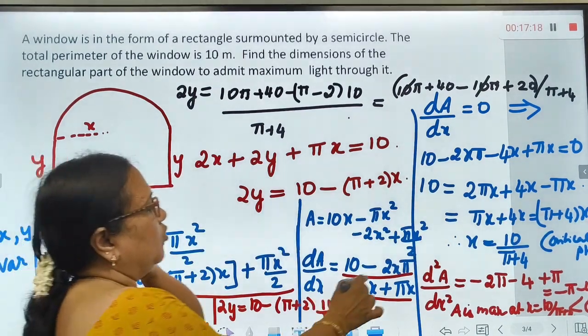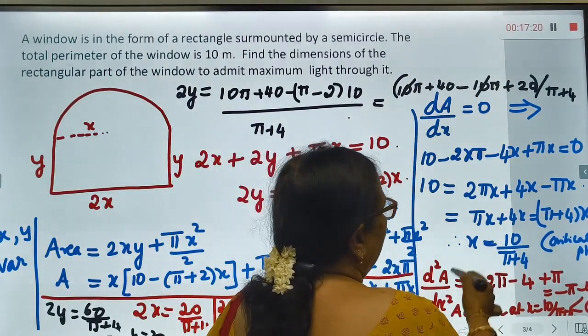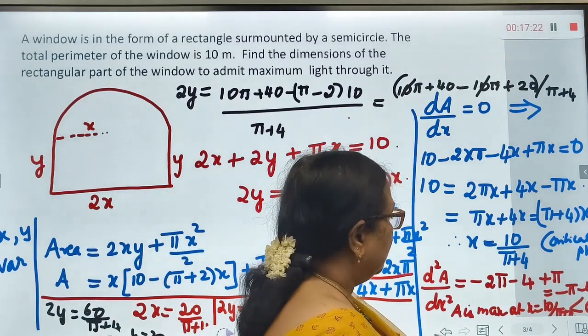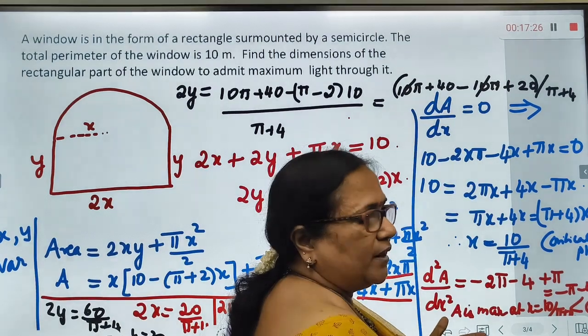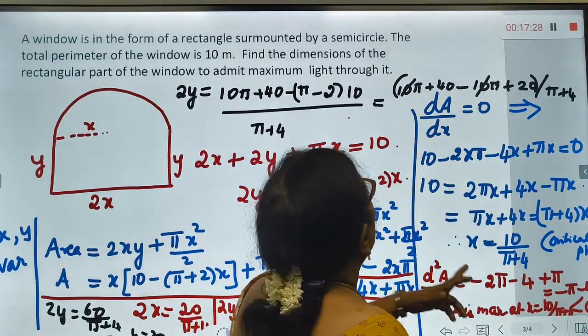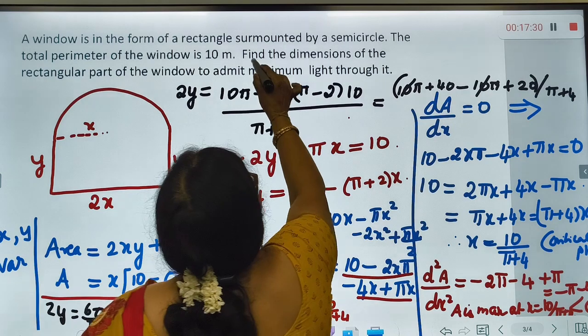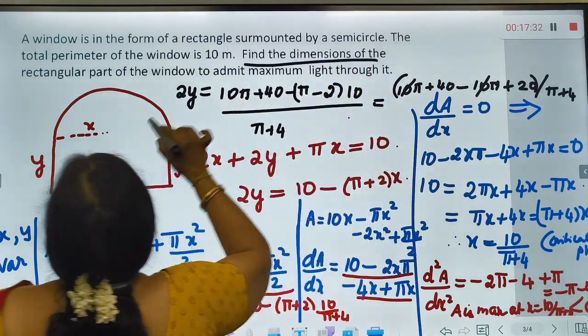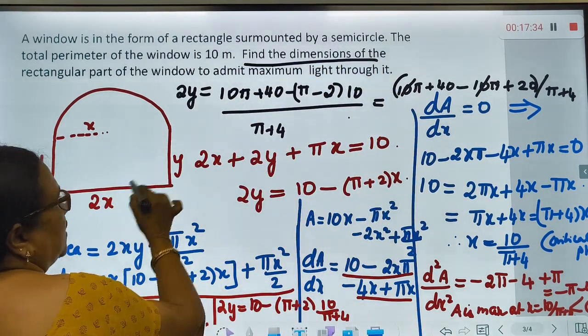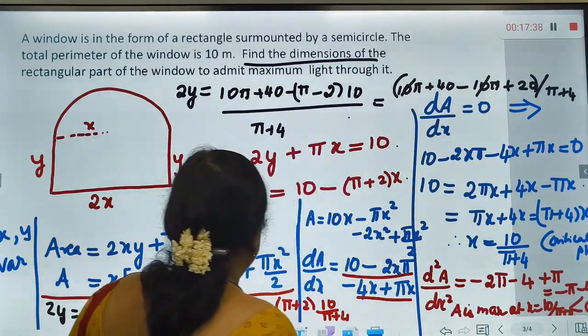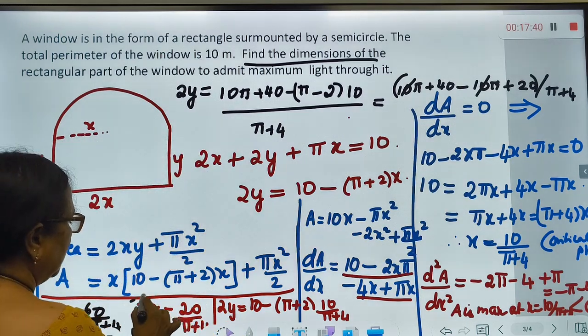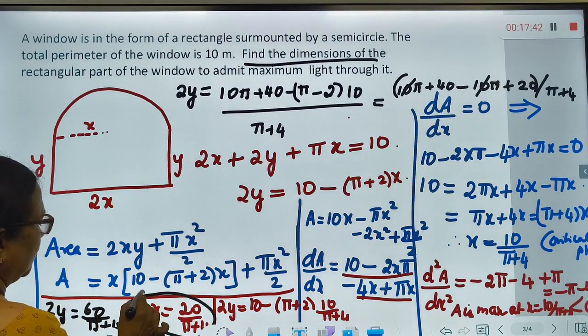See, once I found out what is x, I have to prove that the second derivative is less than 0, so that we get maximum light. We have already checked that. Now the question is to find the dimensions. What are the dimensions of the rectangle? 2x and y. So if x is this, 2x will be 20 by pi plus 4.